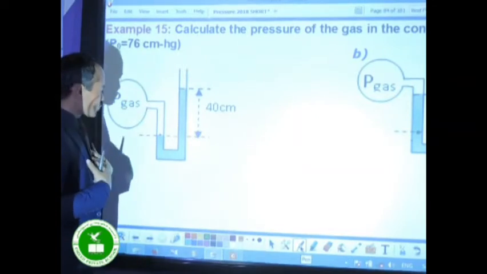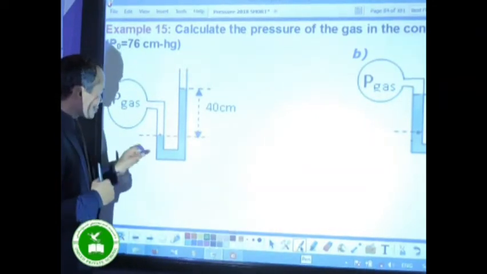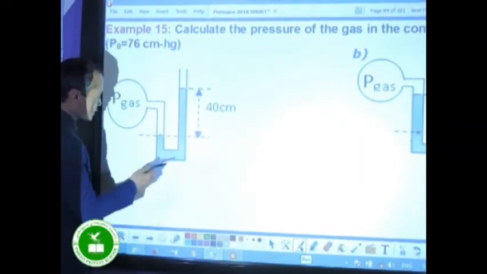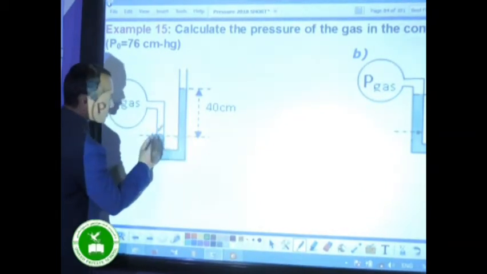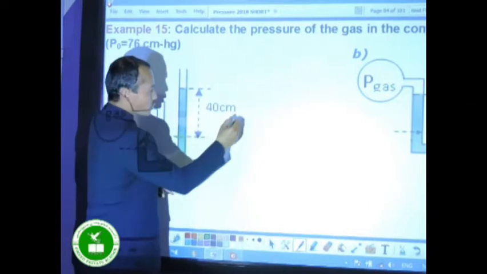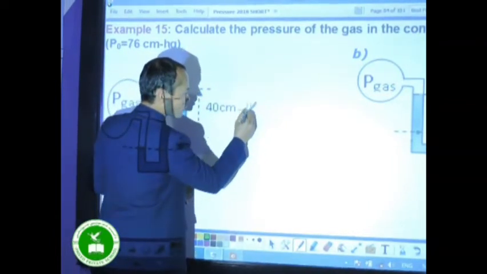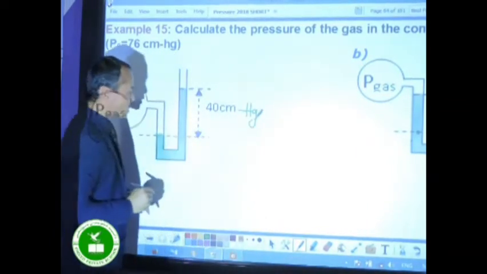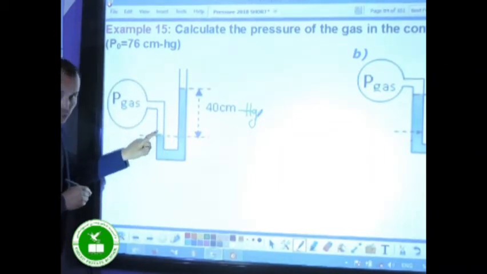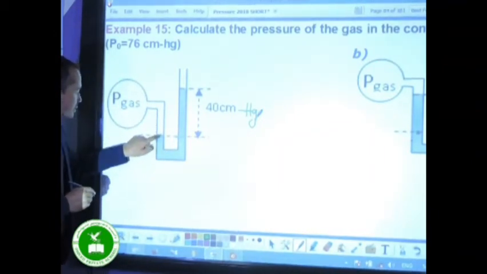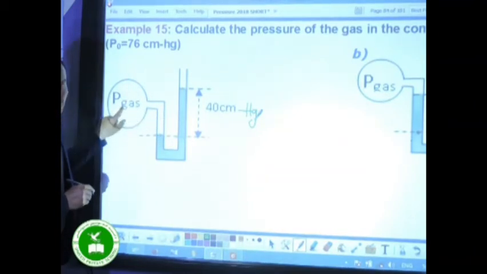We have to choose one specific level. Let's choose this level, and on this level, pressure will be the same on both sides. This one is also mercury. Let's calculate pressure. Pressure on this point is only gas pressure.